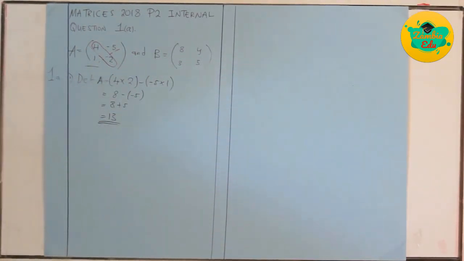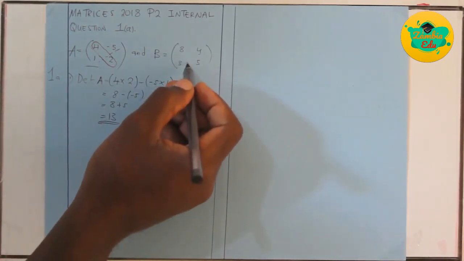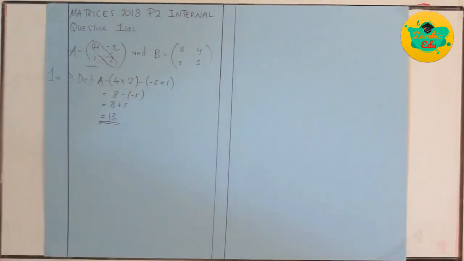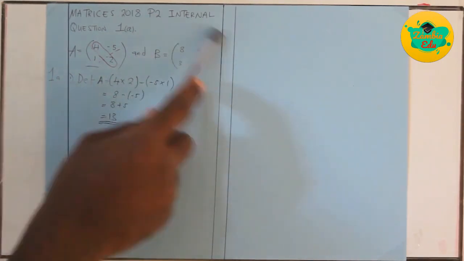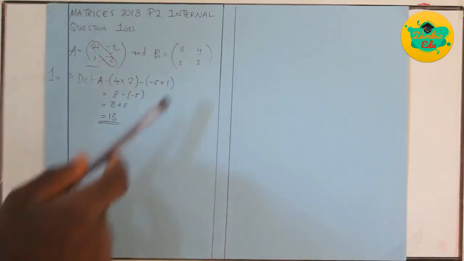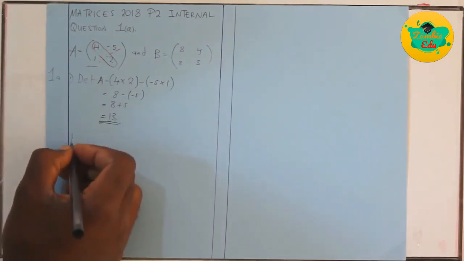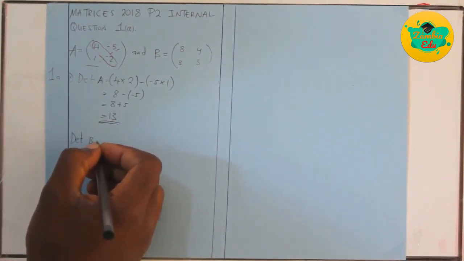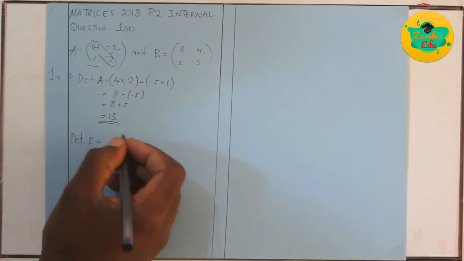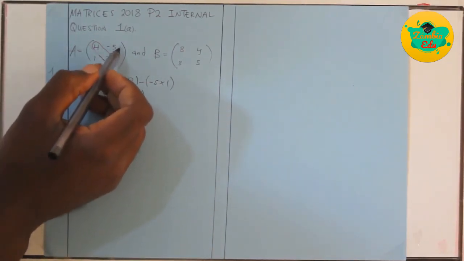So what next? Now that we found the determinant of A, we apply it on matrix B. They've said that whatever determinant is for A is the same determinant for matrix B. So to find the value of Y, we follow that same formula. Now we say determinant B is equal to, as we know, major diagonal minus the minor diagonal.